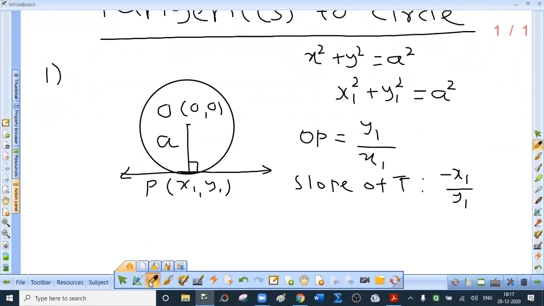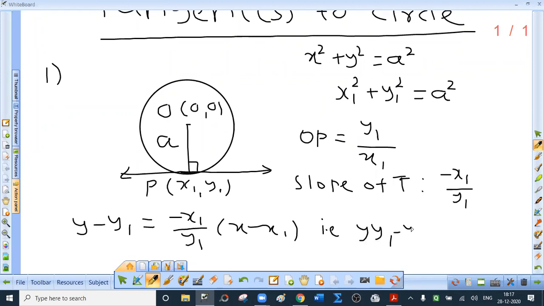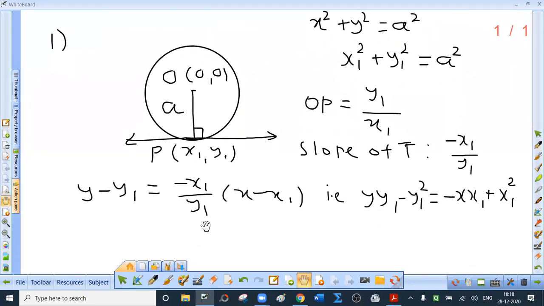So by point slope form, equation of tangent is y minus y1 equal to minus x1 upon y1 into x minus x1. Rearrange the terms, multiply by y1. So yy1 minus y1 square is minus xx1 plus x1 square. Rearrange the terms.